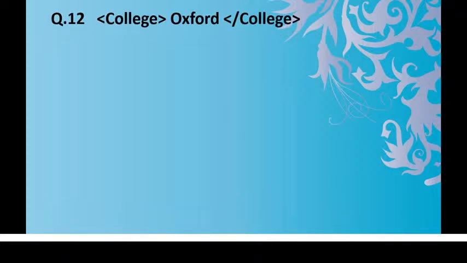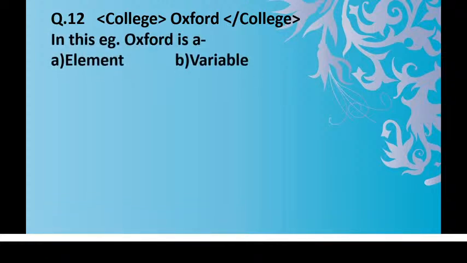Next question. College, then Oxford College. In this example, Oxford is an element, variable, content or entity? Answer is C, this is content.